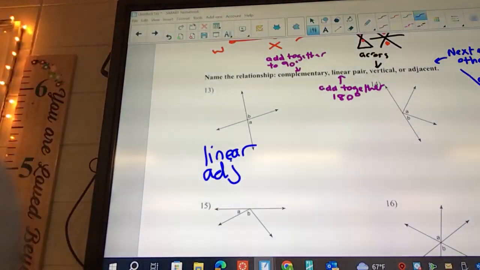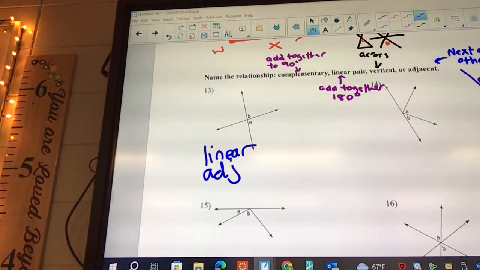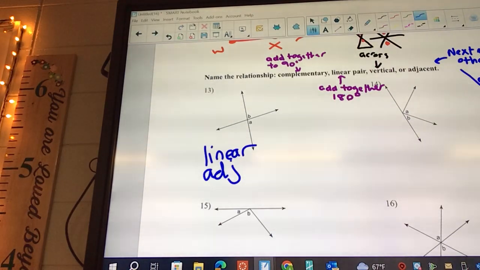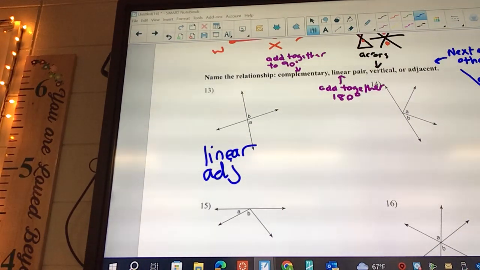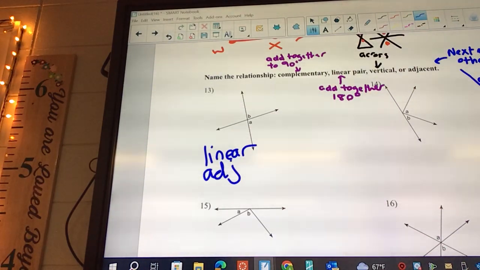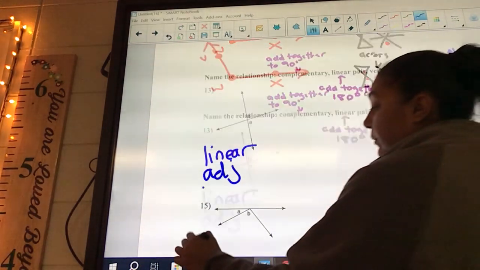Okay, look at 15. Do they look like they add up to be 90 degrees? No. Do they look like they would add up to be 180 degrees, so a straight line? No. Are they right across from each other? No. Are they right next to each other? Yes. So then it's going to be adjacent.